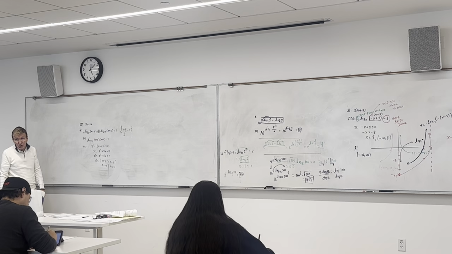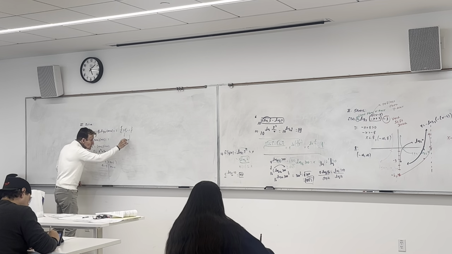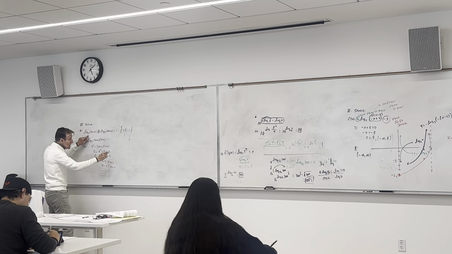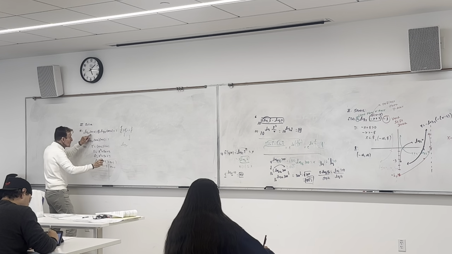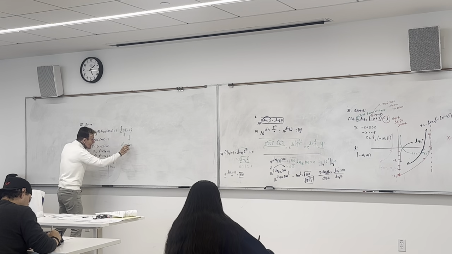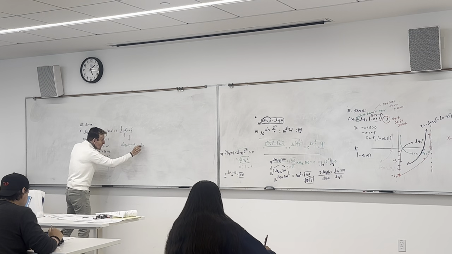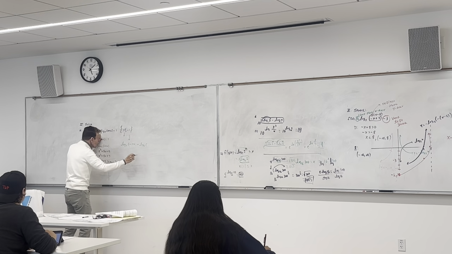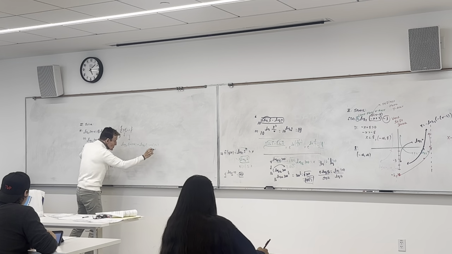Maybe -1 will check. Let me do a full check on -1. Replacing x by -1, this says log base 5 of -1 plus 6, plus log base 5 of -1 plus 2, and that is a full check, it should give me a 1.